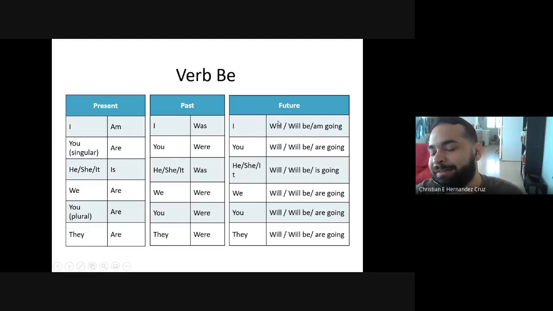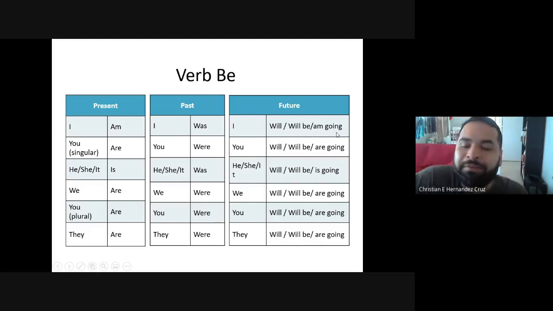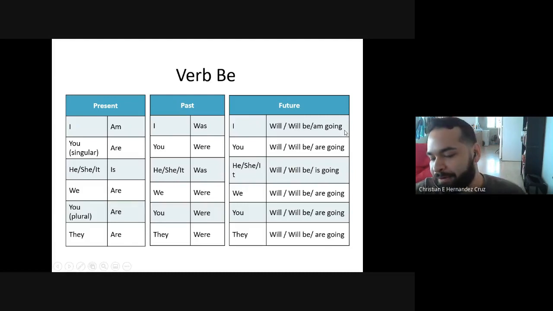I'll tell you about it later. And then this will be the progressive. Oh yeah, this is the simple but with will be. Anyways, so let's say I will dance, I will be dancing, or I am going to dance. And there's another one in which we could say I am going to be dancing, which is more complicated and it's highly unnecessary, but it all depends on how you write that specific sentence.